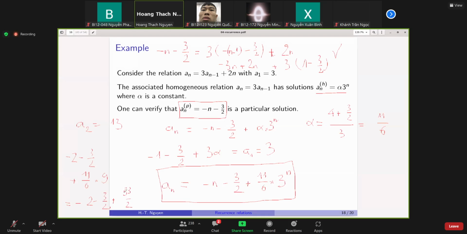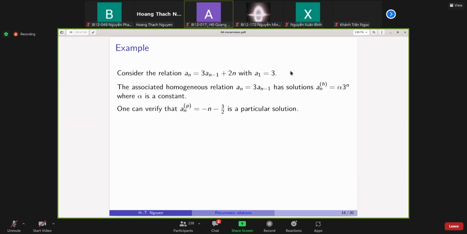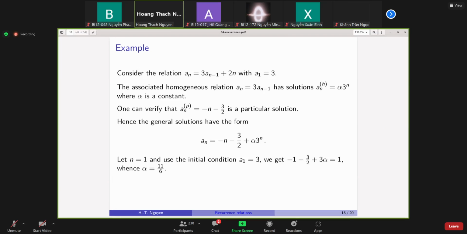So that makes 30 divided by 2, that makes 15. 15 minus 2, so it is correct. Okay, so you can see that it works in this example, and it gives us the correct formula.